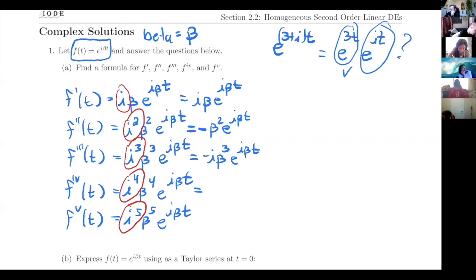We get 1. Thank you. And then we start to repeat. So i to the fifth, we can think of as i to the fourth times i. And since i to the fourth is 1, i to the fifth is also equal to i.